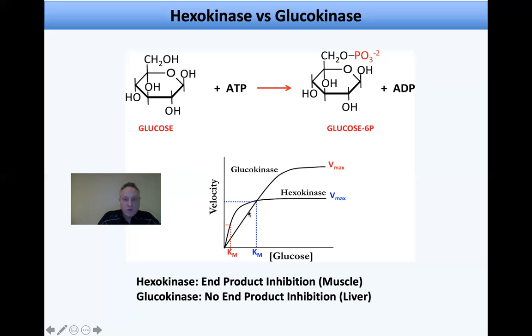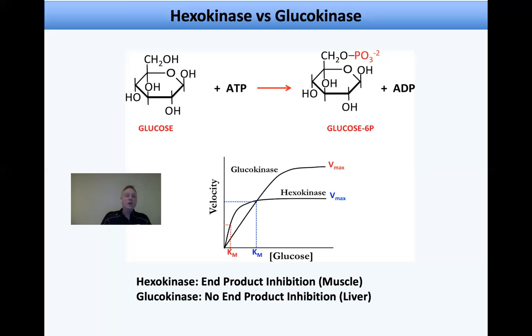But notice that the liver enzyme has this really high Vmax. It's hard to saturate. That means that any excess glucose that the skeletal muscle doesn't want, the liver will take in. And as the liver takes it in, it'll ultimately convert it into fat. And that's how excess glucose is converted into fat. It's because of the nature of the varying Vmaxes and the Kms for hexokinase and glucokinase.